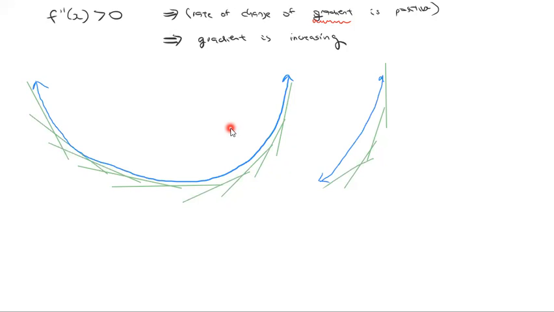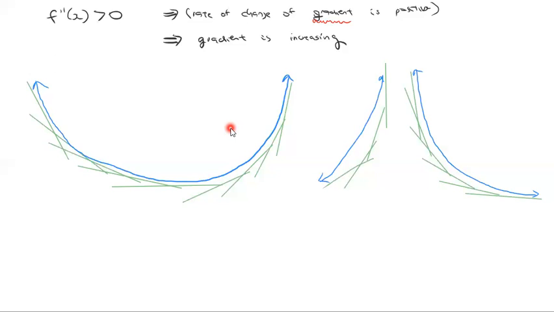So you could have something like this, starting negative and becoming increasingly positive, but never actually being positive. So you could have a curve that might look something like this. Does that make sense?